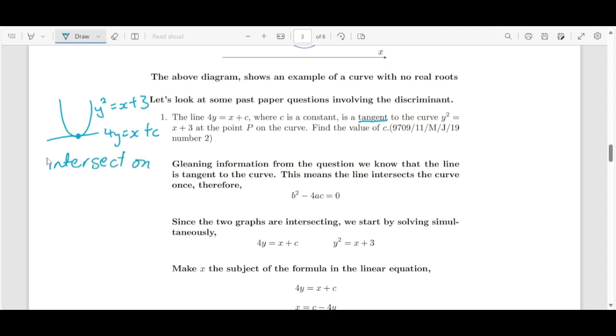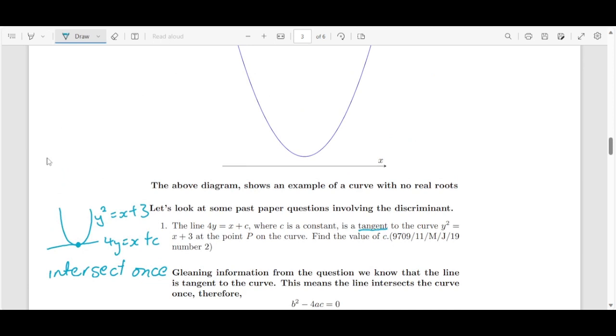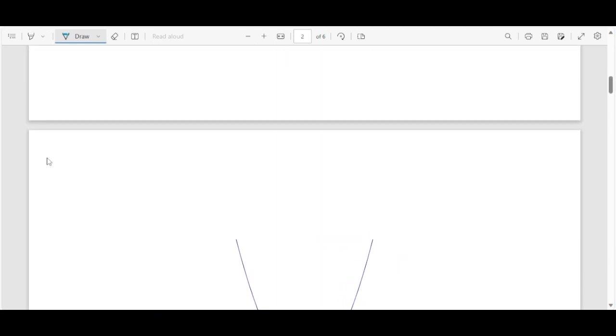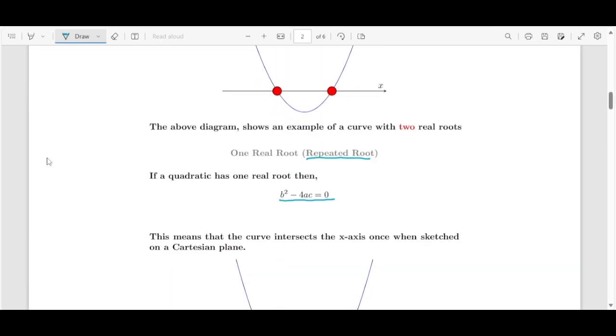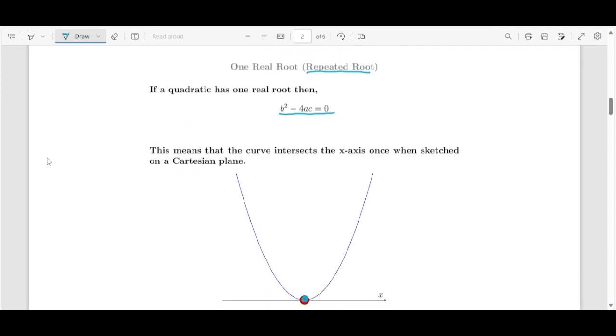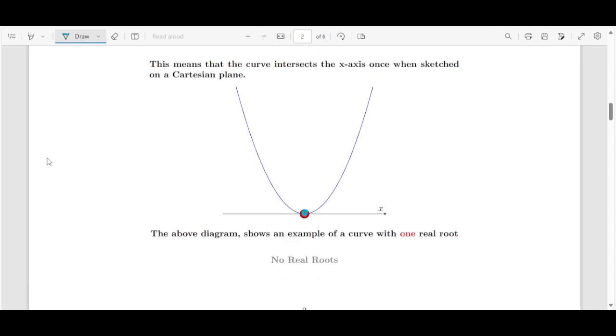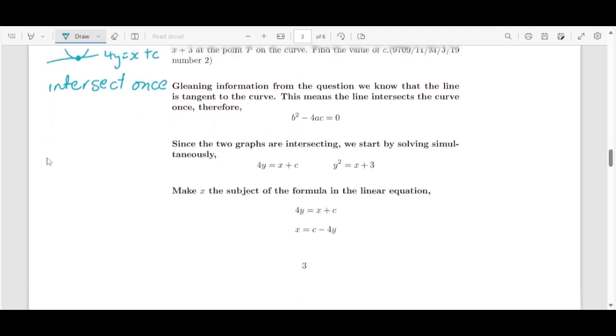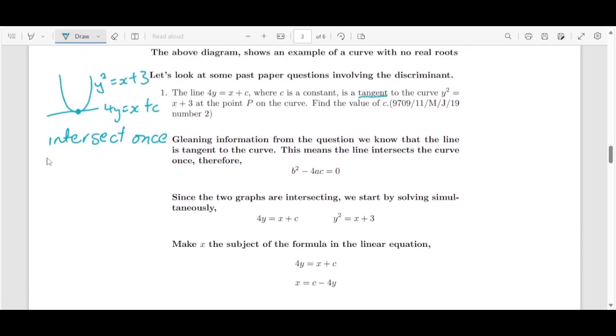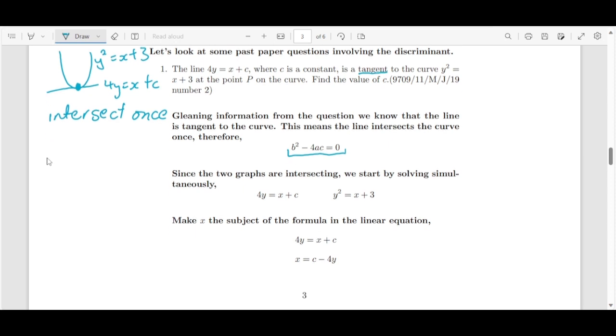And if we go back to the top, the scenario where the curve intersects the x-axis once, we say that this means b squared minus 4ac is equal to 0. So we can go back to our question now. Here we know that b squared minus 4ac is 0. To solve this question, since we're basically solving for a point of intersection, we solve them simultaneously first.